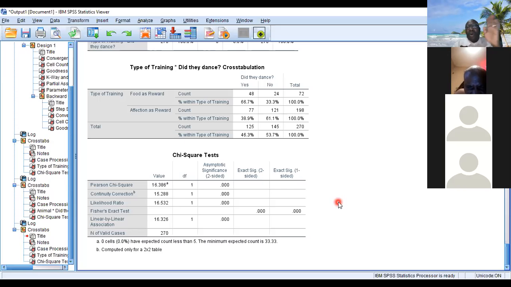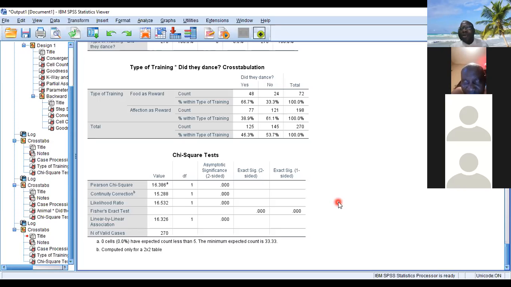Because here, food as reward makes them dance more, and when we talk about animal, dog dances more than cat. But food as reward is what makes them dance more.